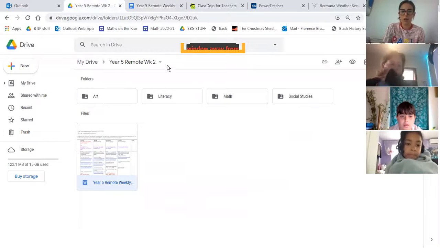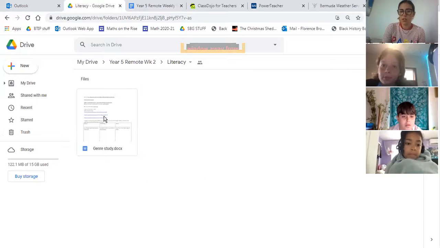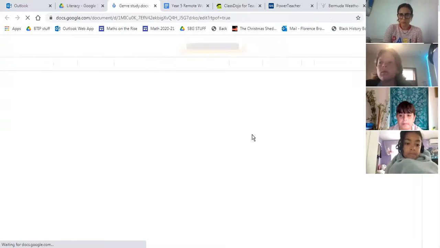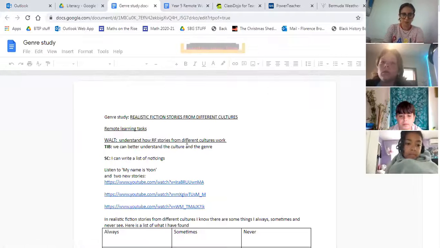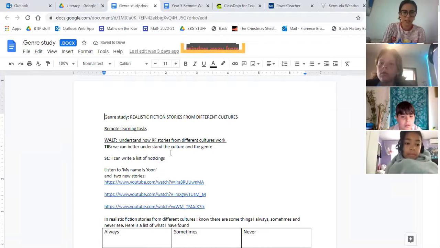I'm going to go from my schedule to the literacy folder. I've put everything on one document so you can just work your way through. The first one here matches what I said in my schedule: understand how realistic fiction stories work. This is because we can better understand the culture and the genre, and I can write a list of my noticings.